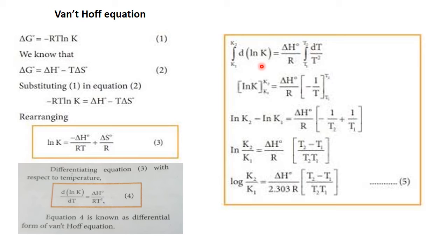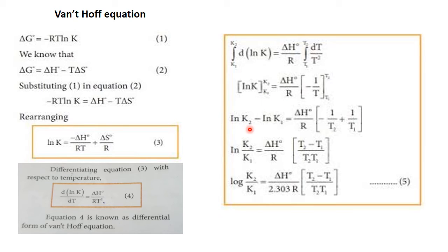Integration of d ln K is ln K. This is L and N, ln K, not I. So ln K from limits K1 to K2 is equal to delta H0 by R into minus of 1 by T, from T1 to T2. Then we substitute the upper and lower limits.